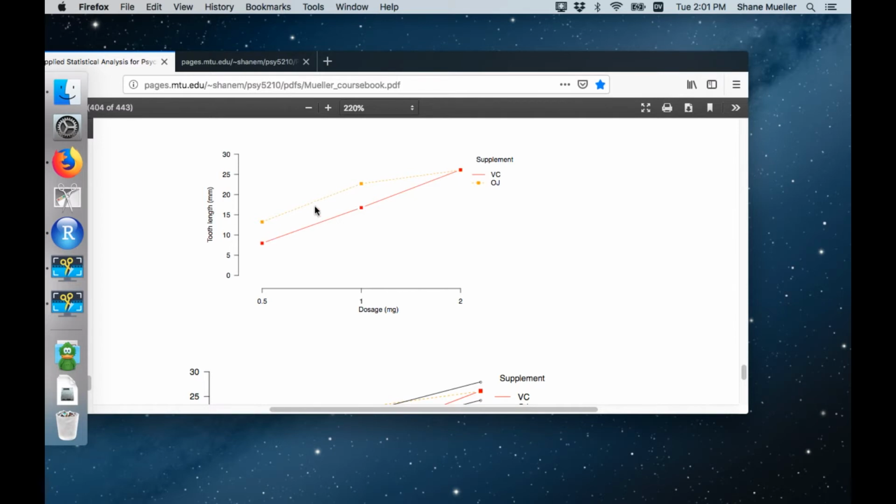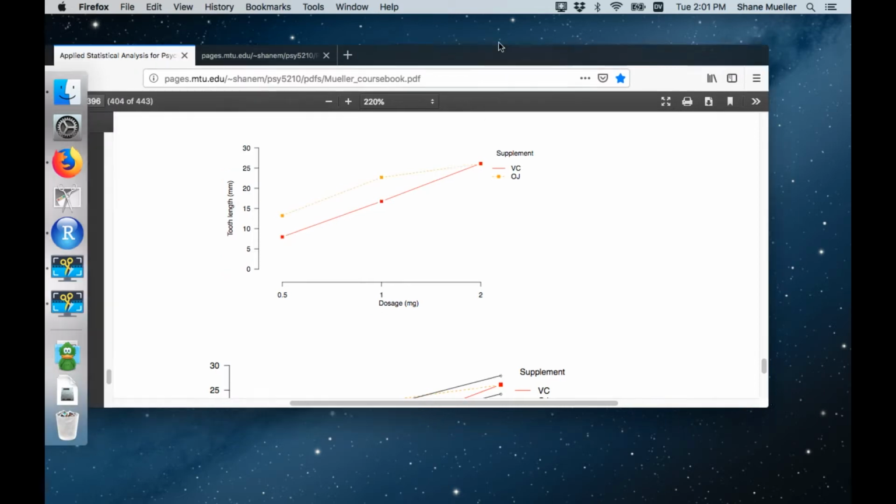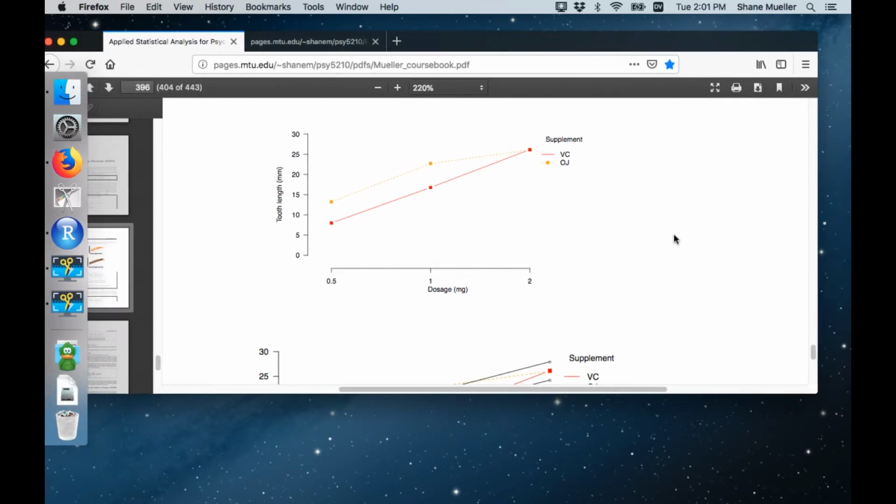If you have 3 and 2, there are other schemes for creating that orthogonal set of contrast vectors for this interaction. We won't go into detail about how those are coded, because when they're presented to you at the end, it's reasonably easy to interpret.